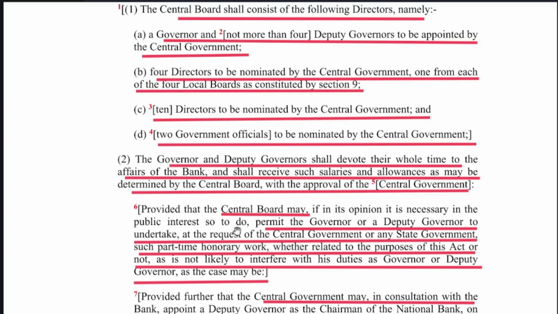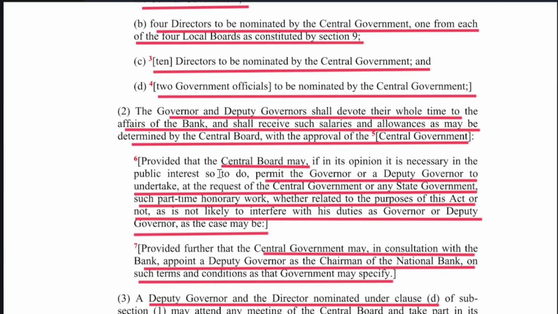Now there is a proviso. The first proviso says, provided that the central board may permit the governor or deputy governor to undertake, at the request of the central government or the state government, such part-time honorary work, whether related to the purpose of this act or not, as is not likely to interfere with his duties as governor or a deputy governor, as the case may be.